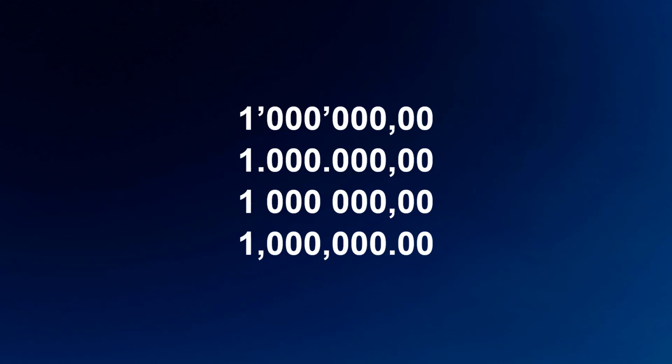And then we cannot neglect the characters used for separation of thousands and the decimal character. Here you see 4 possible notations used around the world. The first one uses apostrophes to separate the thousands and a comma for the decimal separator. The second uses periods to separate the thousands, and again a comma for the decimal separator. The third uses spaces and a comma, and the last one uses commas to separate the thousands and a period for the decimal separator.